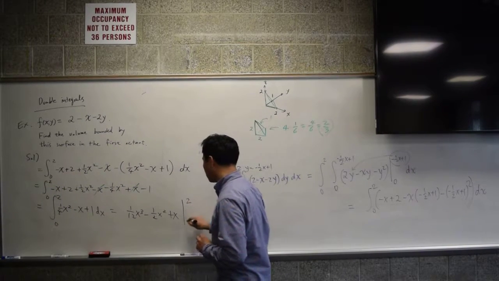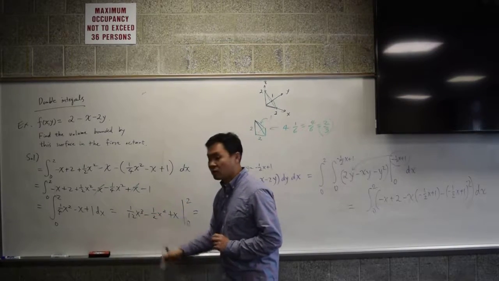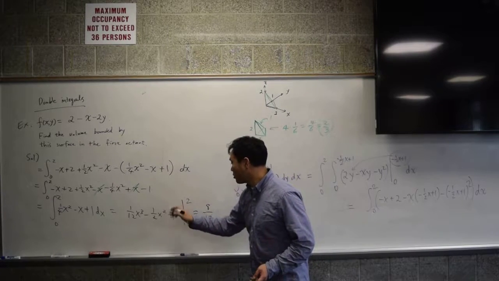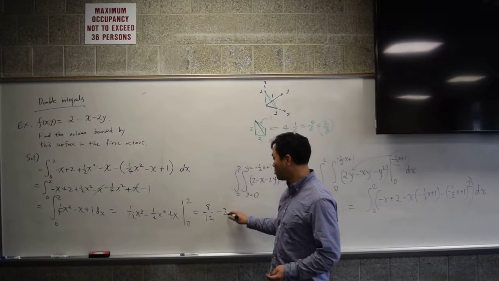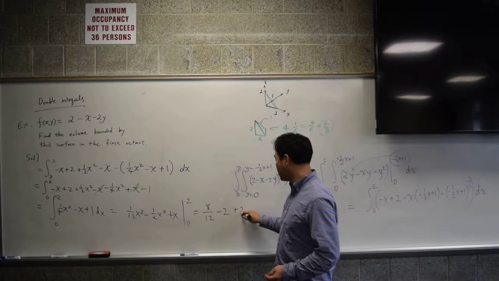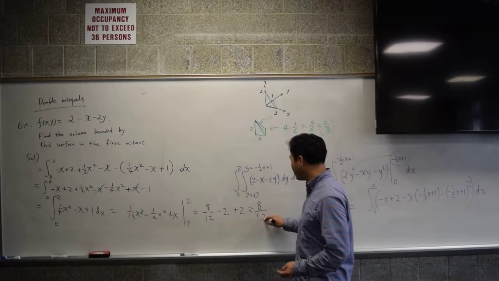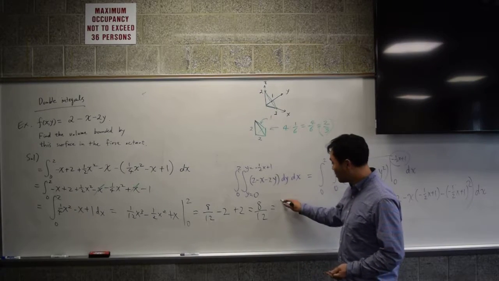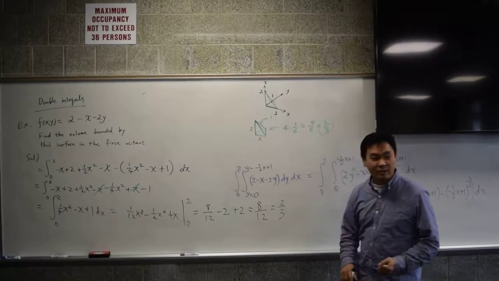And then you plug in 2 and 0. If you plug in 2 to the third power, that's 8/12. 2 squared divided by 2 is minus 2 plus 2. So that's 8/12, and if you reduce top and bottom by 4, it's 2/3. Is that right?